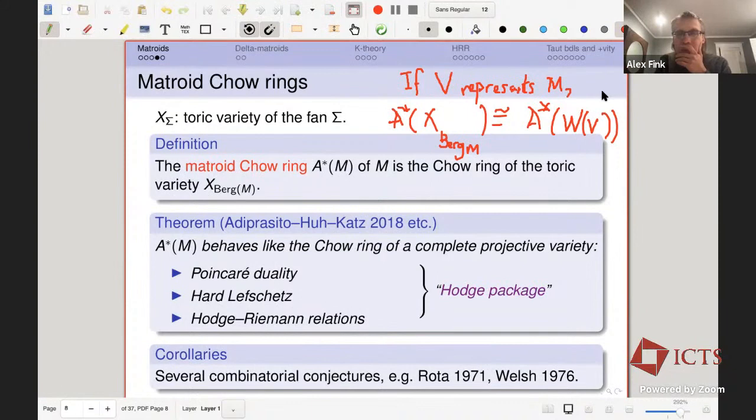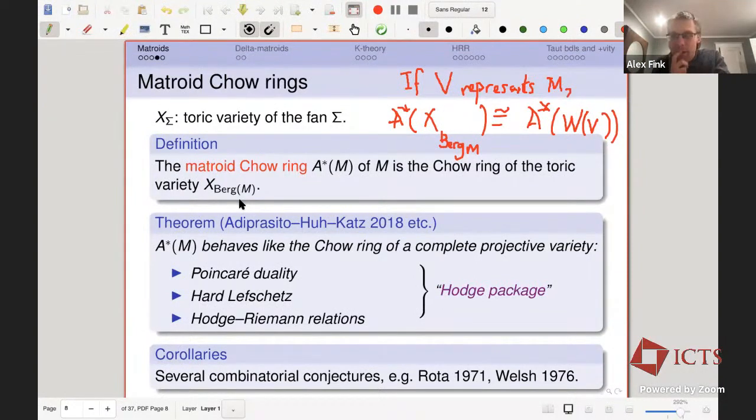Sorry, just that the way you define a matroid, there is a lattice polytope underneath it, right? So that gives you a projective toric variety, but that's not what you are looking at here. That's not the one I'm looking at, right? Okay. I took a subfan. Bergman is not a complete fan. I took a subfan. Yes, that's right. Thank you.